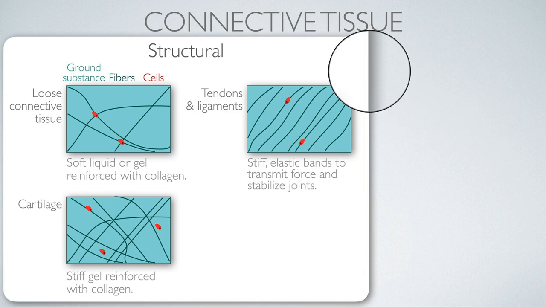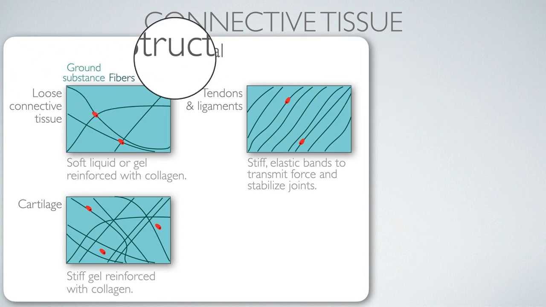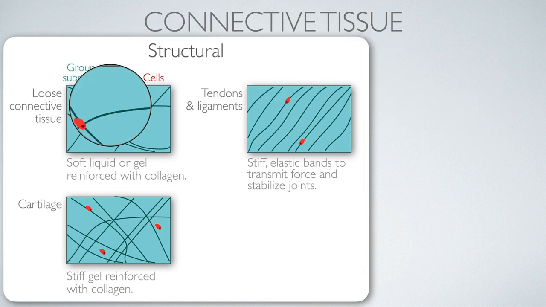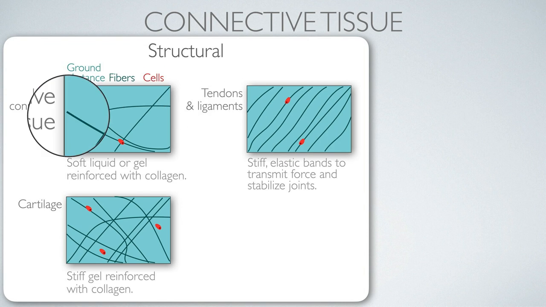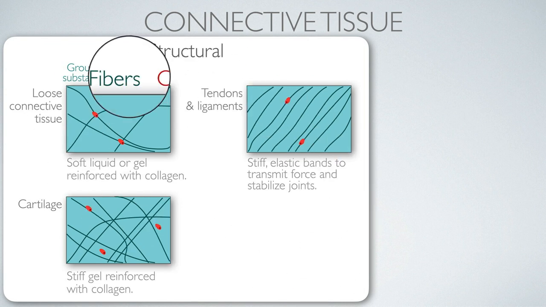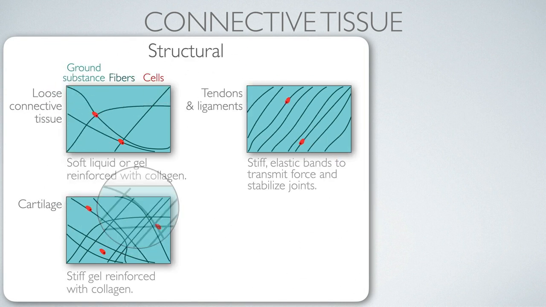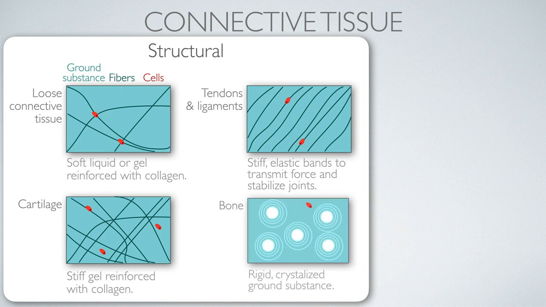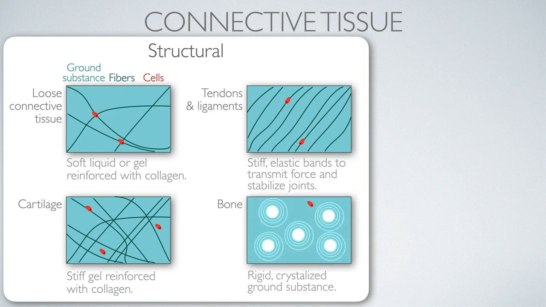Okay. Now, this term structural popped up here because all of these different types of tissues we can think of as functioning in their mechanical capacity in the body. And finally, we have bone, which is the most rigid. Okay, so the ground substance in the case of bone is crystallized and very stiff.